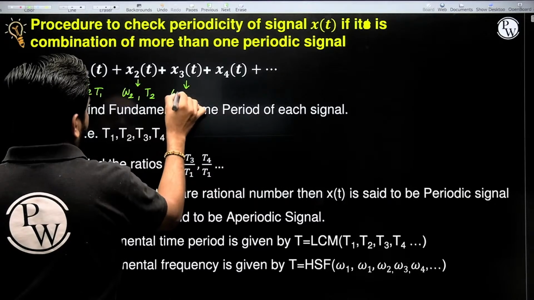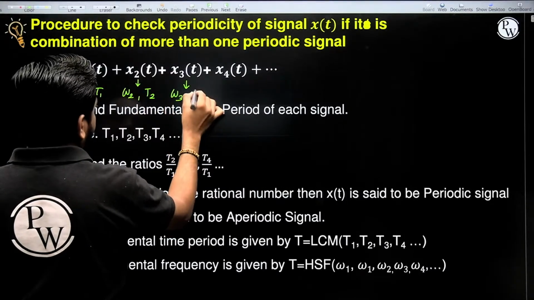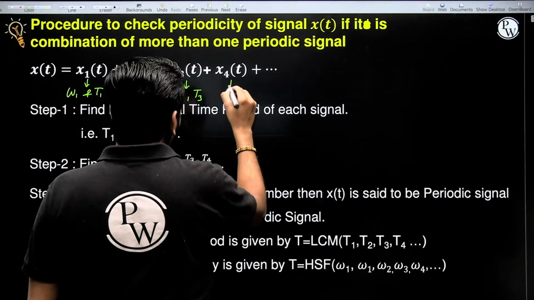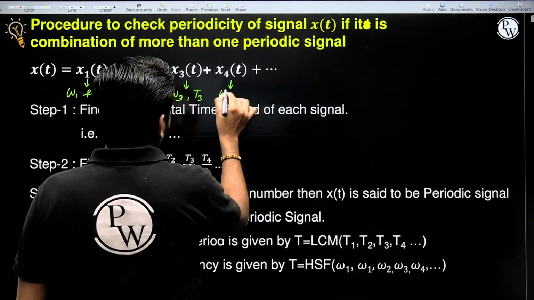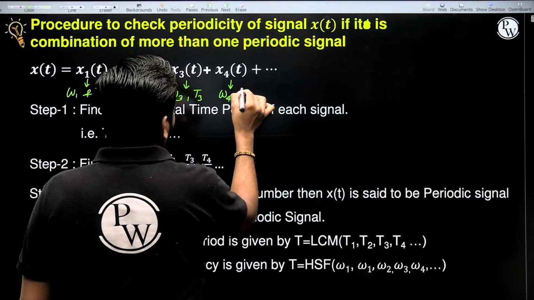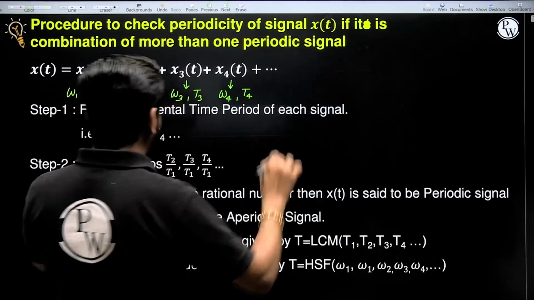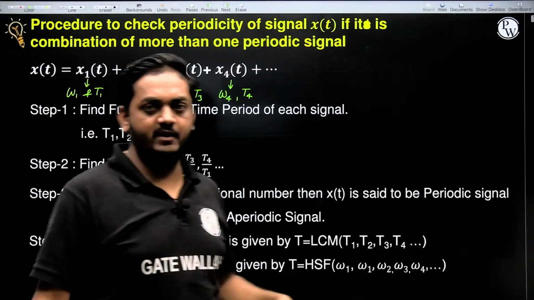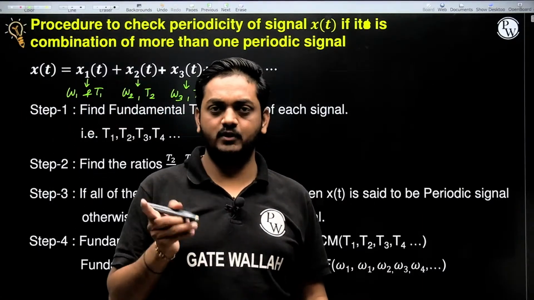This is also periodic, fundamental frequency omega 3, fundamental time period T3. This is also periodic, fundamental frequency omega 4, fundamental time period T4. So all the signals are individually periodic. Combination means it can be plus, it can be minus also, guys.